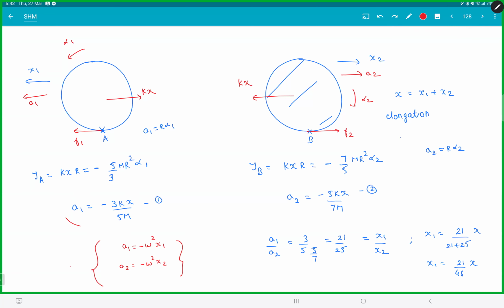If you displace by x1, then a should be proportional to that x1. Here, x is the total elongation in the spring. A1 doesn't know who is x. I hope you're getting this. Any doubts on this, please ask me.